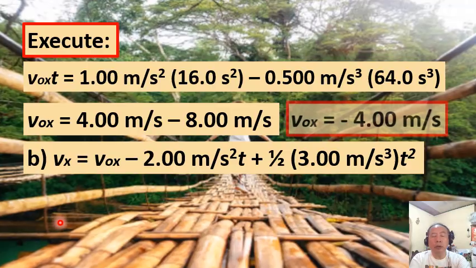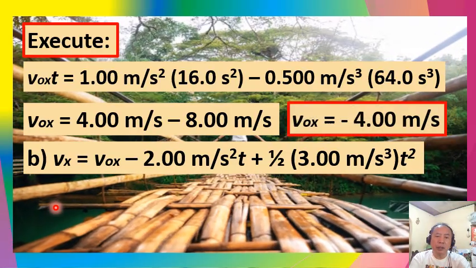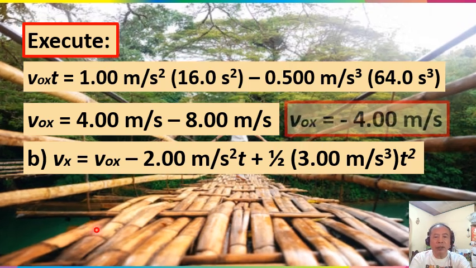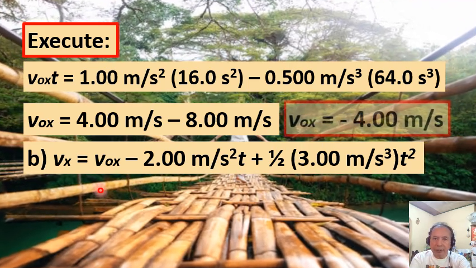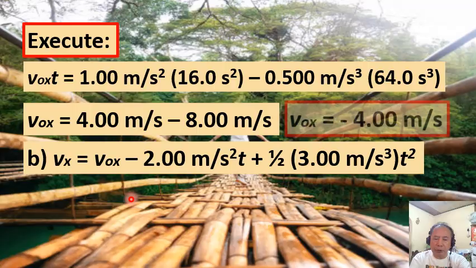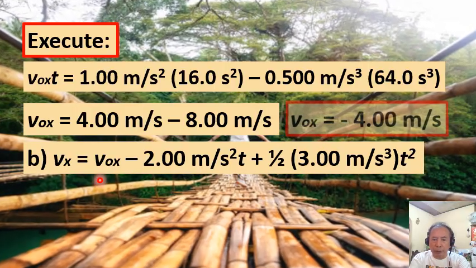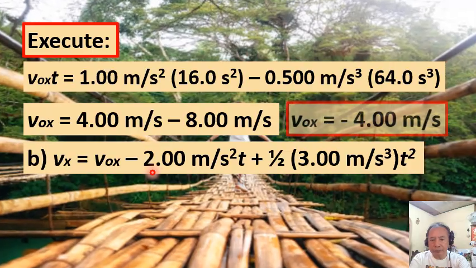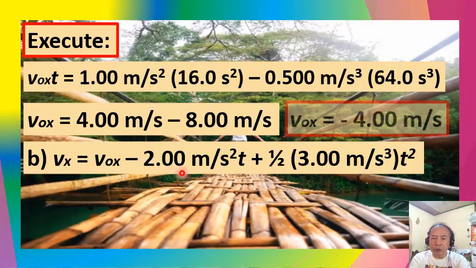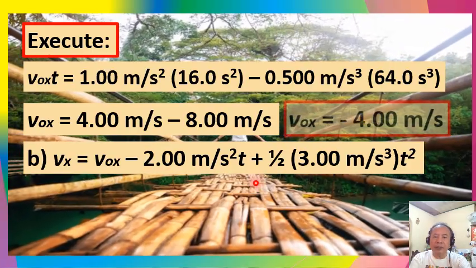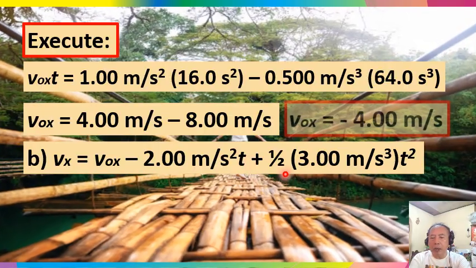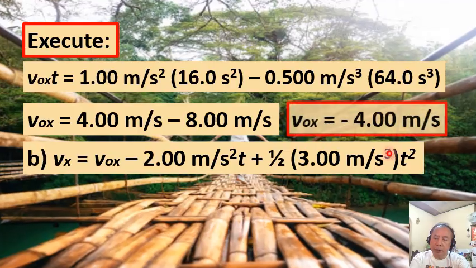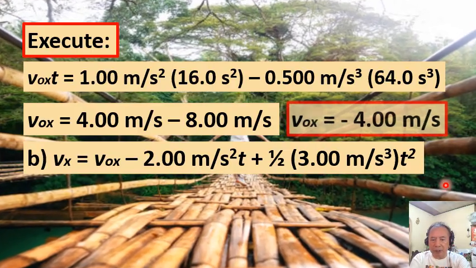And moving on to part B, determining the velocity of the particle at time t equals 4.00 seconds. So we use this formula: v_x equals v_0x minus 2.00 m/s² multiplied by the time t plus 1/2 times 3.00 m/s³, then multiplied by the square of the time t.